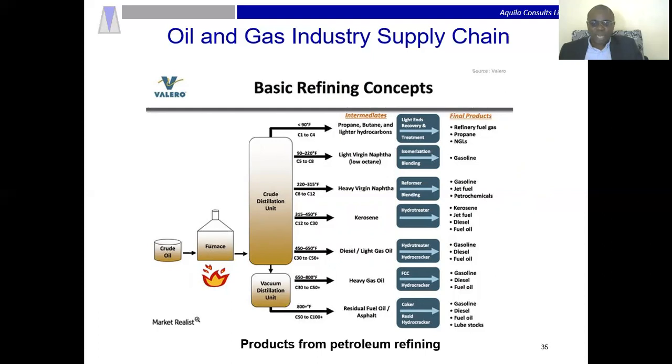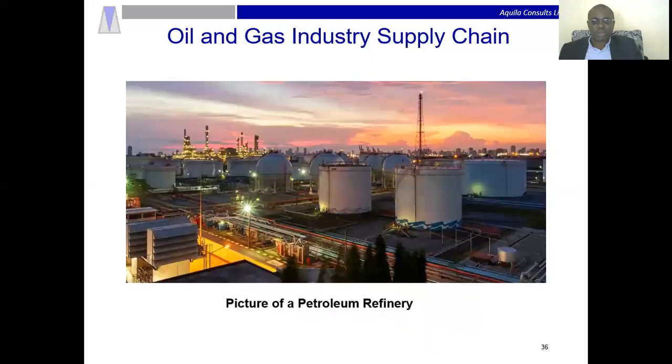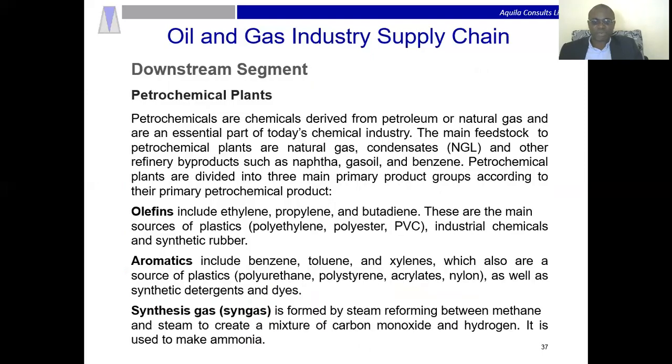Then you need further reformation through these other processes here in blue to obtain your final products as listed. So a product like gasoline, or what we know in Nigeria as petrol, is obtained from naphtha after further refining. So you don't get it just from distillation, but you have to get to the next stage before you can obtain your gasoline. So this is a picture of a petroleum refinery.